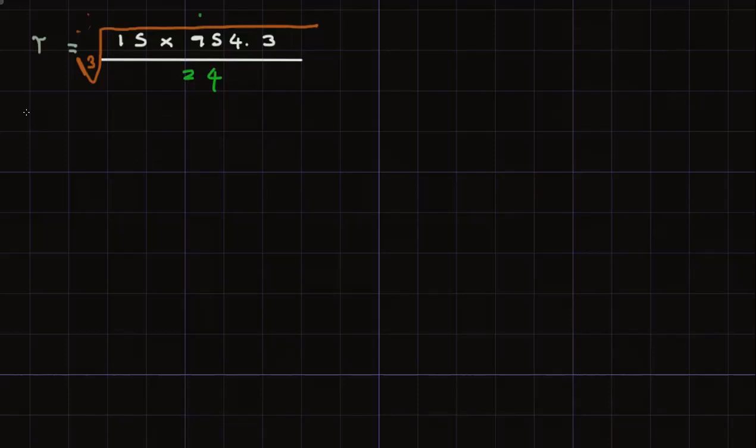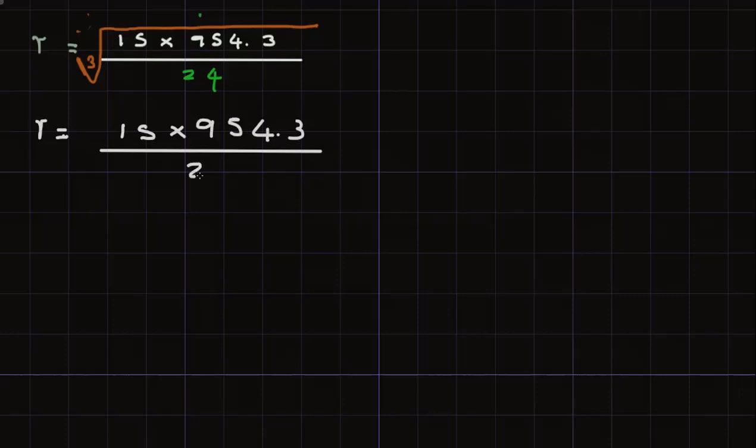So how do we use the logarithmic table? Before we use the logarithmic tables, let's write the root in index form. r is equal to the cubic root of 15 times 954.3 over 24.